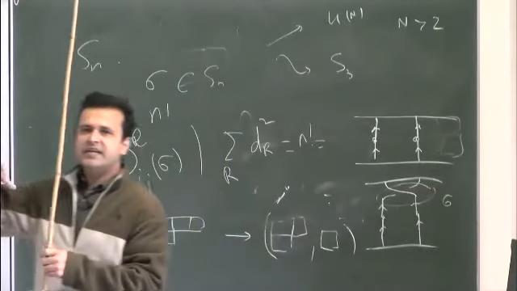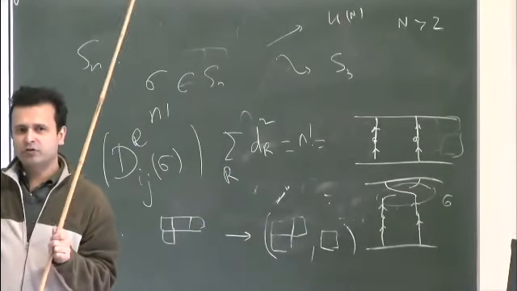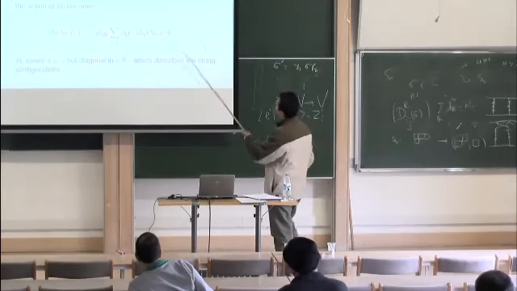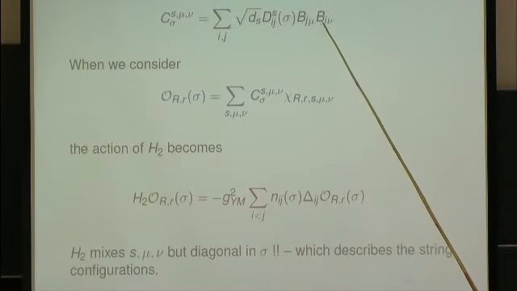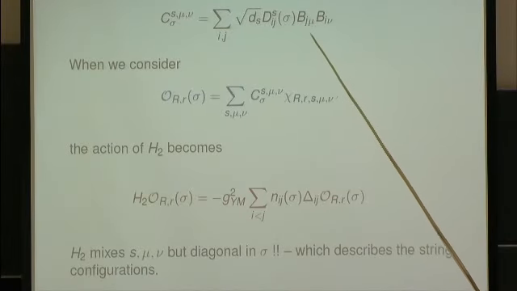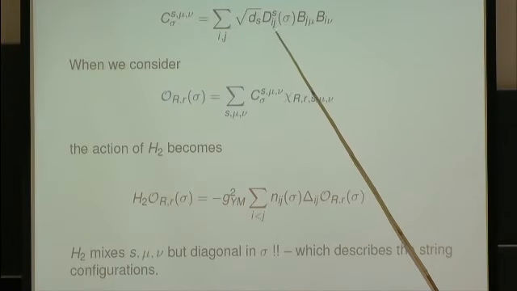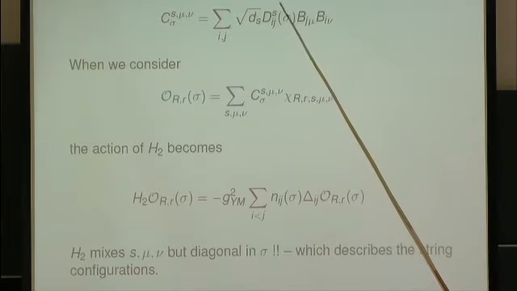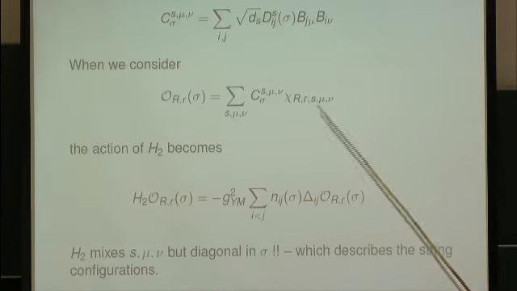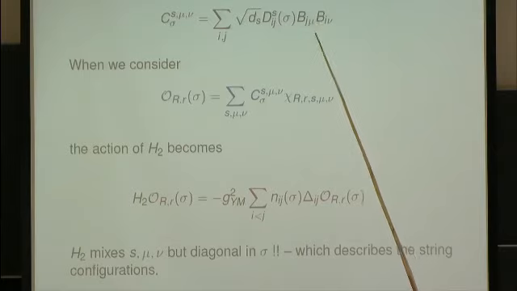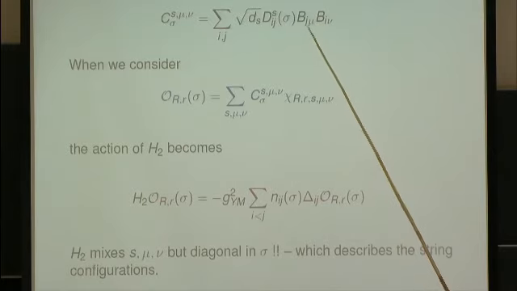So now you can apply the idea of Fourier transform not on the group but on the double coset. And there is a way to do that. You have these matrix elements and then you have the reduction coefficients. If I have a state j in the representation S of the group, how do I expand it into the subgroup? In particular, how is the trivial rep of the subgroup expressed in terms of these states?